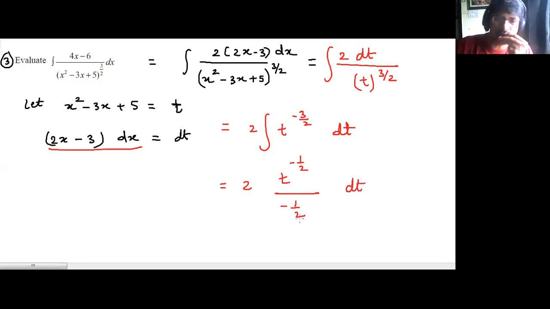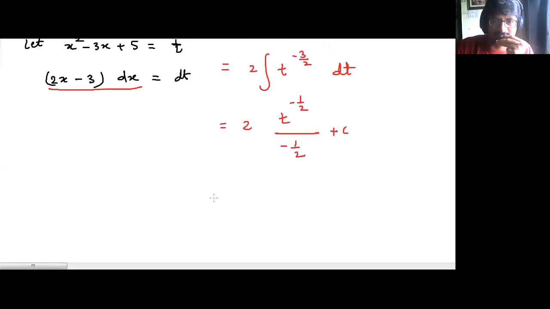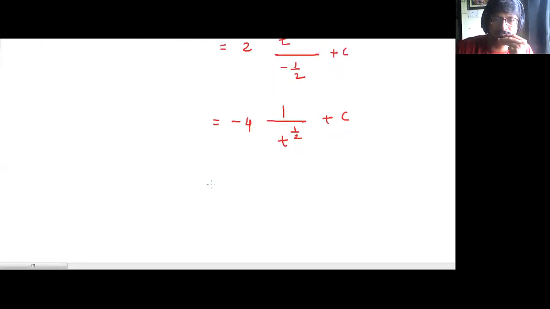Now can you take this minus 1 by 2 up, it will become plus. Now what will happen? Minus 2 will go up, it will become negative 4, and t power negative half can be written as 1 upon t power half. t power half can be written as square root of t, isn't it? So this can be written as simply negative 4 upon root t plus c.